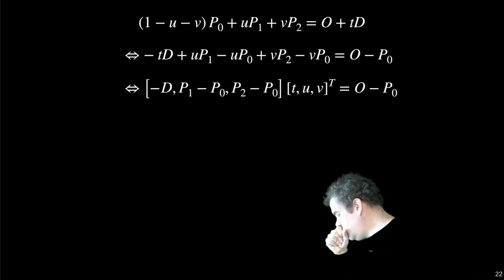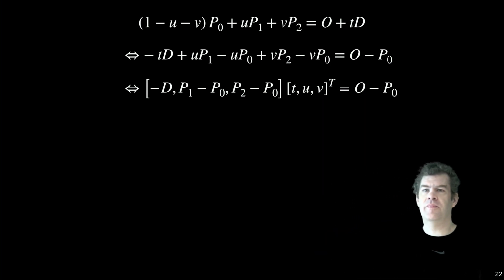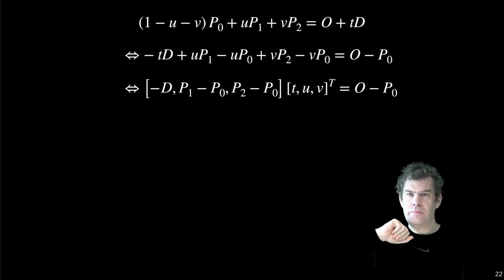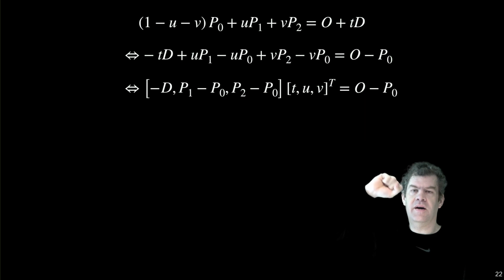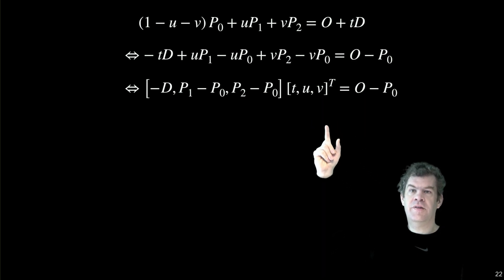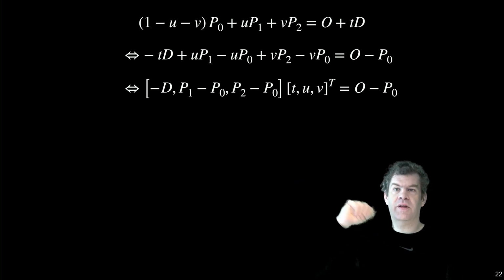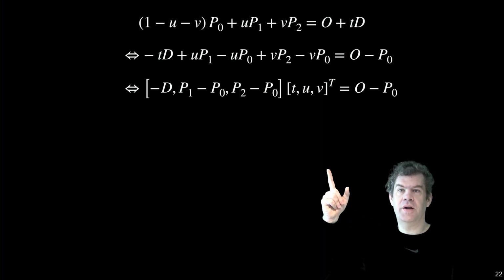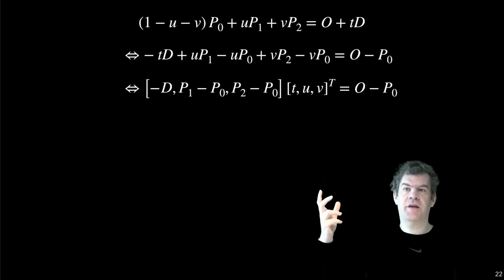Or I can also sort it by the unknowns. If I do this, then you see that there's something that gets multiplied with V, which is P2 minus P0. There's something that gets multiplied with U, which is P1 minus P0. And there's something that gets multiplied with T, which is minus D.